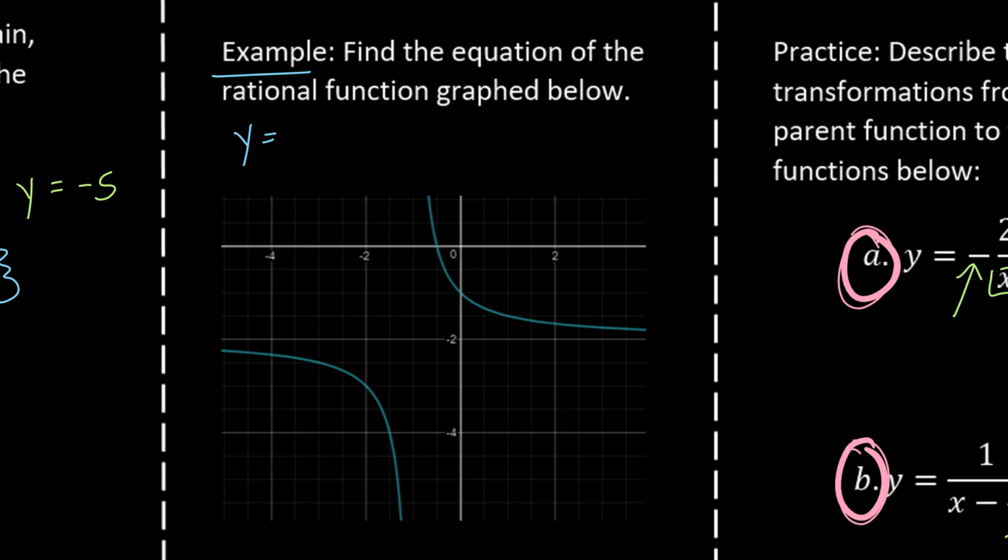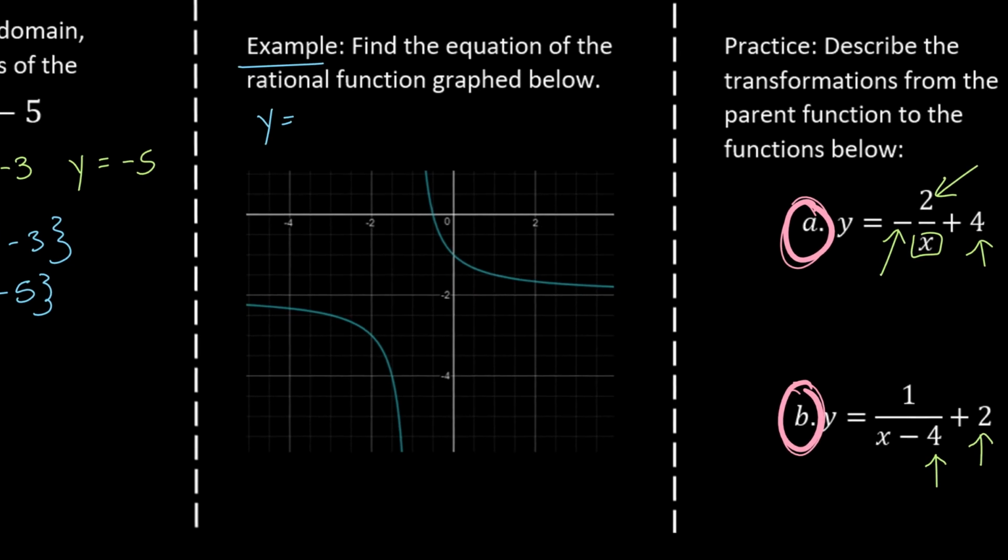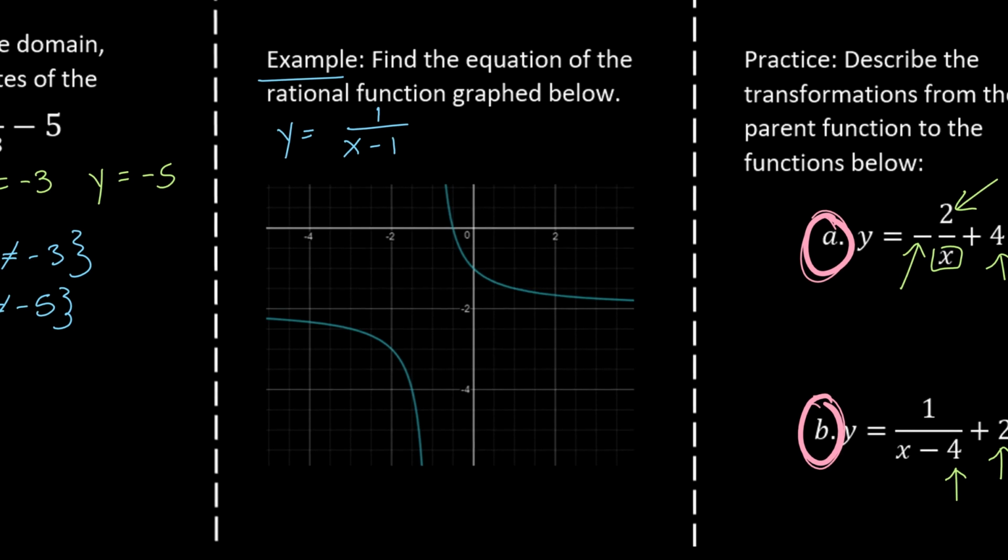That's okay. Here, we'll pick another. Connor, what equation did you get? 1 over x minus 1 minus. Beautiful, yes.